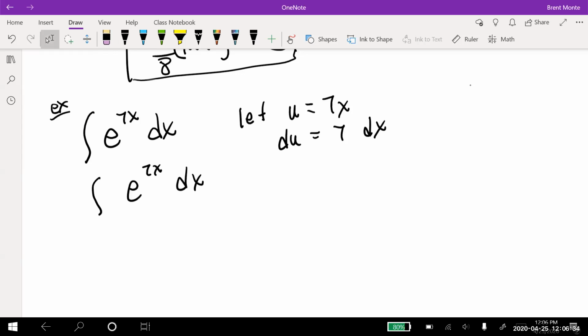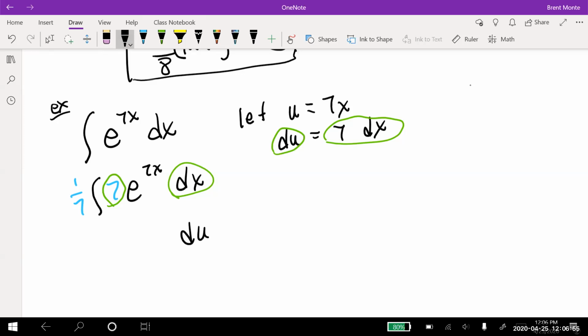So I've got e to the 7x dx, and now I'd say, oh, put a 7 there and a 1/7 there. So those cancel each other out, but the big thing is this 7 dx, it's right there. Both of those get replaced just with du. I still have this 1/7 on the outside, and I have the e to the 7x.